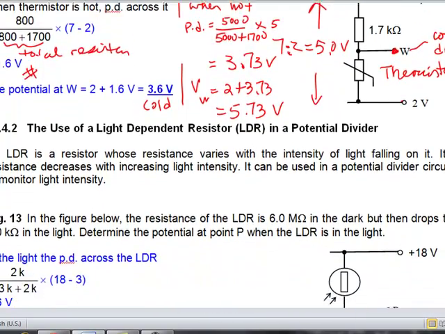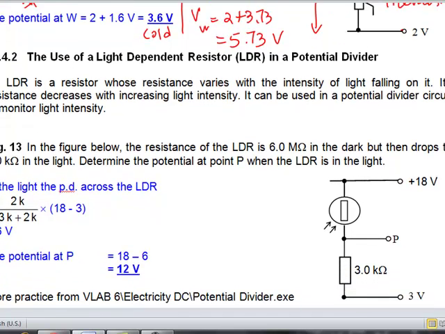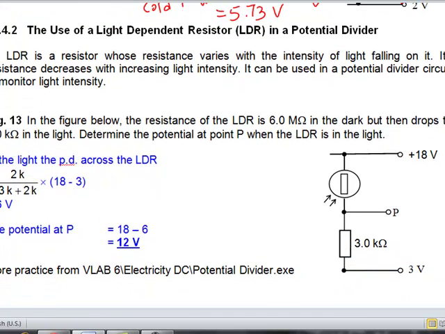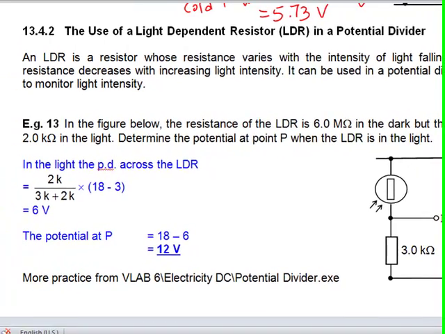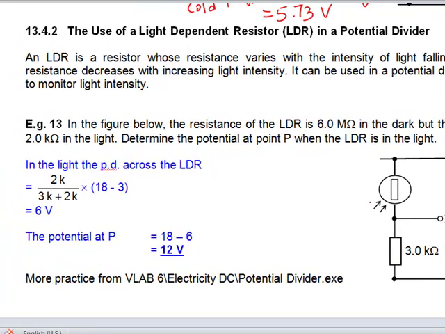Now let's look at a similar example using a light dependent resistor. The light dependent resistor is a kind of semiconductor device whose resistance changes with the intensity of light falling on it. So when strong light falls on it, the resistance drops from a large value to a small value.